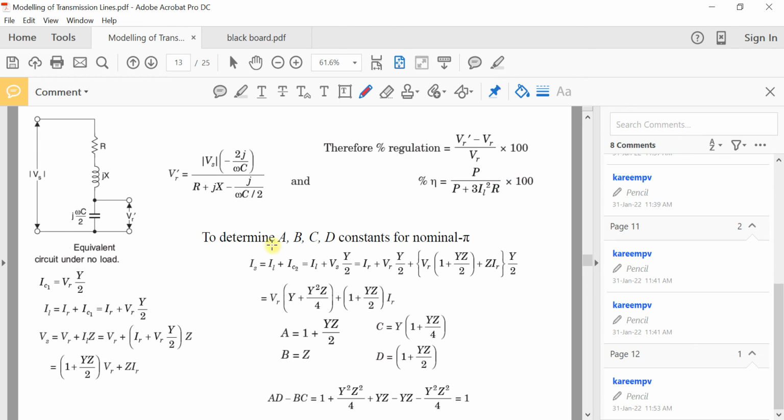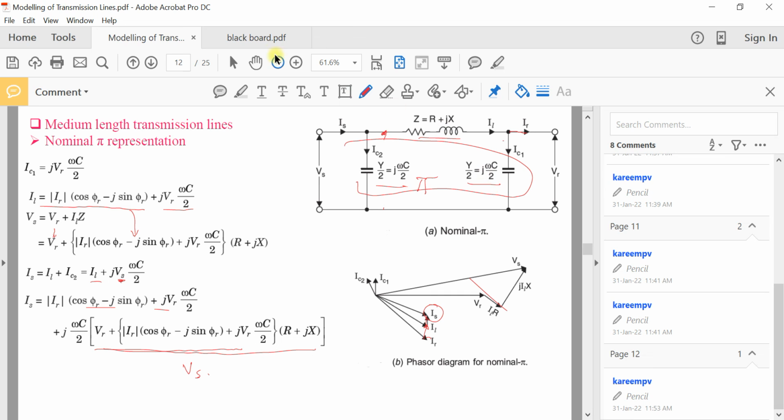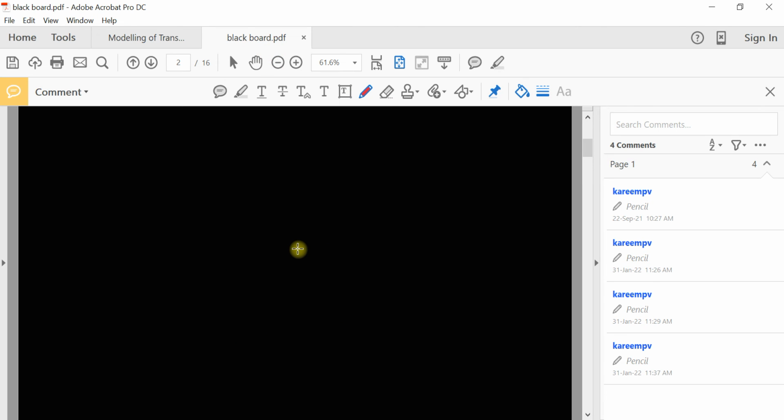And in order to evaluate the ABCD constants or ABCD parameters of the transmission line, when we represent the medium length transmission line as its nominal pi representation, these are the expressions we have already seen. IC1 is equal to VR into Y by 2, because the representation is something like this. So this is the nominal pi representation.